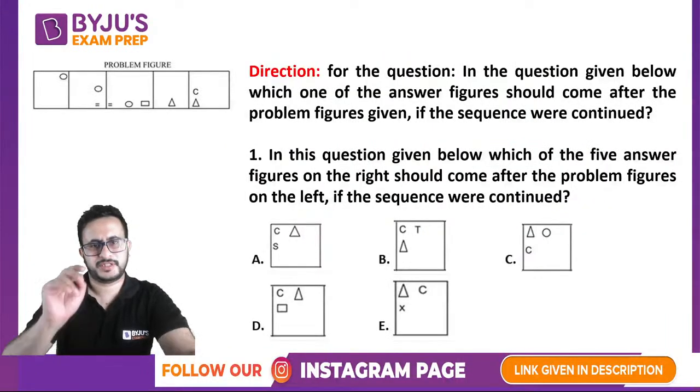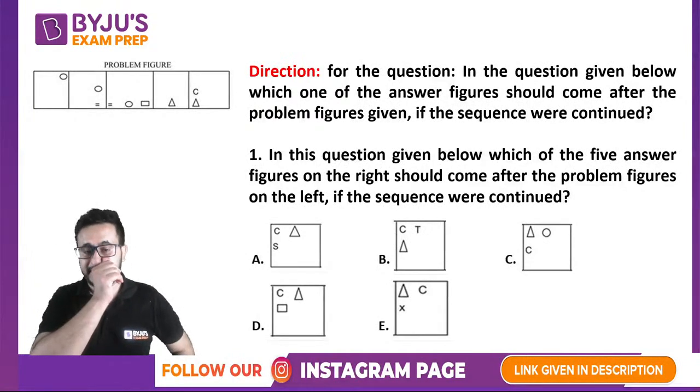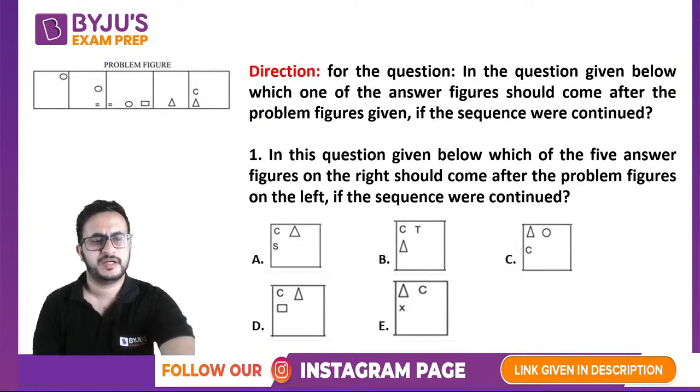Let's start with a question. In this question, there is a sequence given to us, and we have to find which image comes next in the sequence. In series, generally you will be given a set of four or five images, and you are asked the next image in the sequence.